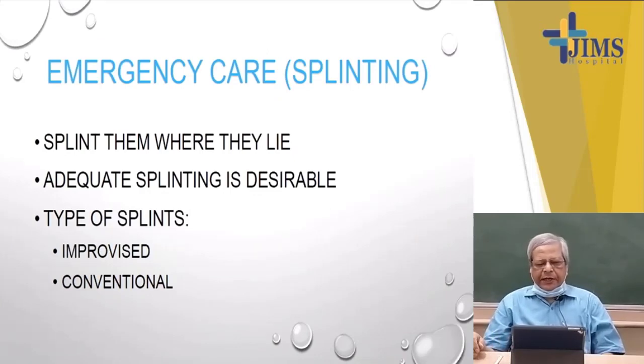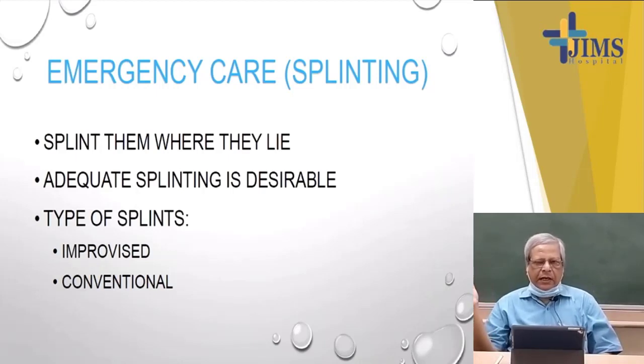In emergency care, regarding splinting, splint them where they lie. If the limb is in a deformed position, that is somewhat angulated or bent, it will be just very gently straightened and a plaster of Paris bandage is applied.